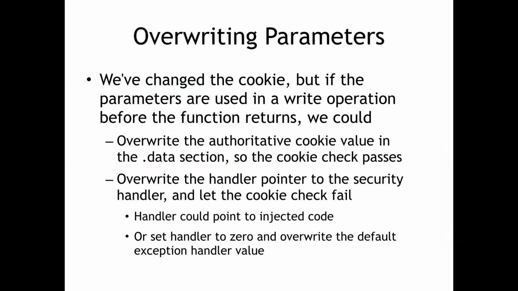If I could change that handler or the address to it, I could cause it to fail and then go back and run my code anyway. So those are reasonable ways to do it. You could also just set the handler to an invalid value like 0 and then exploit by altering the exception handler. So your cookie failure will cause an exception, but I control the exception handler and I can now get back into my code. These are ways to get around it.